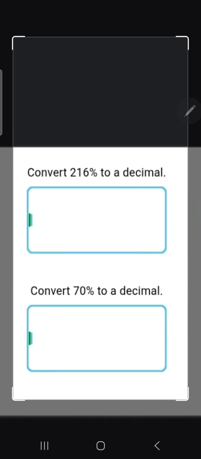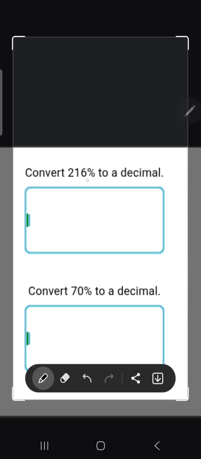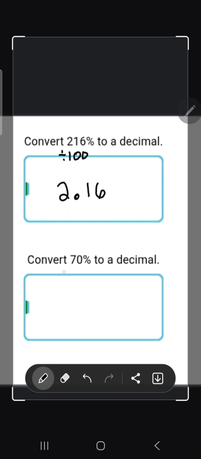Let's go to the next problem here. 216% divided by 100 would be 2.16 as a decimal. And then 70% divided by 100 would end up being, you could say 0.7, or you technically could put 0.70. You don't necessarily need the 0 at the end of that.